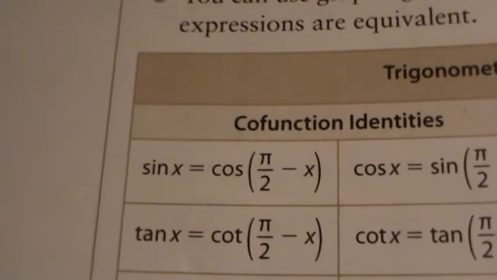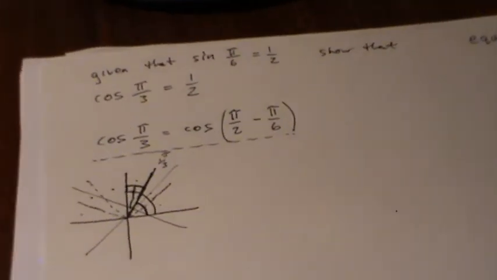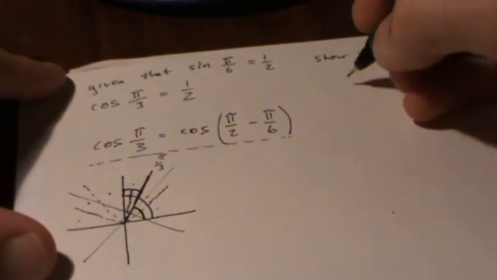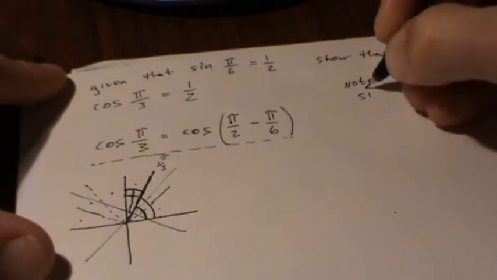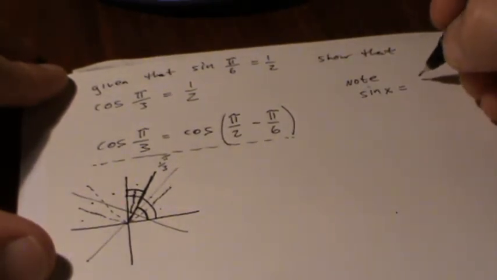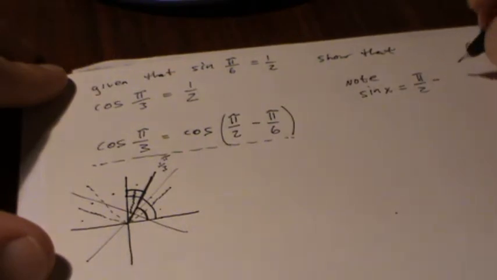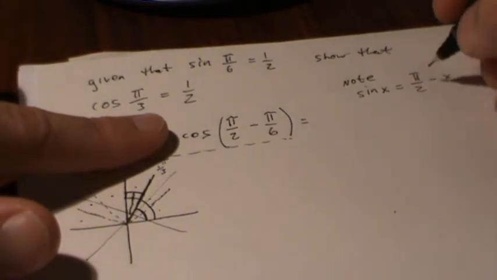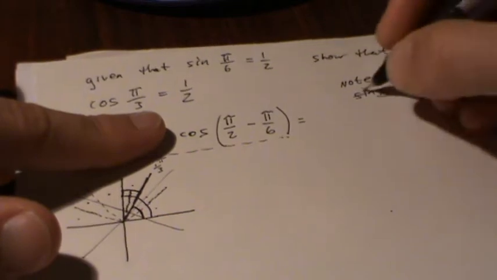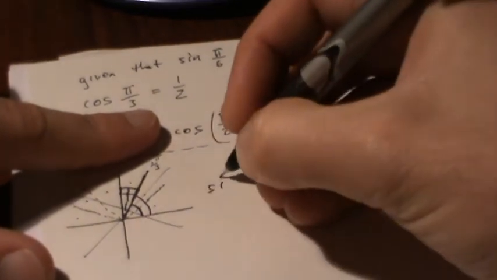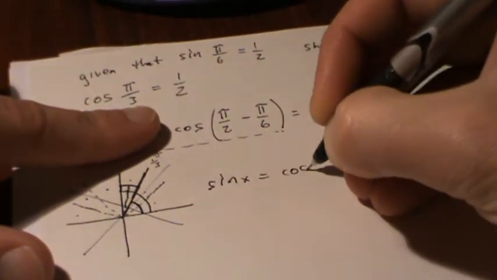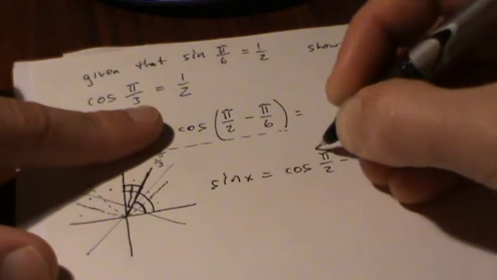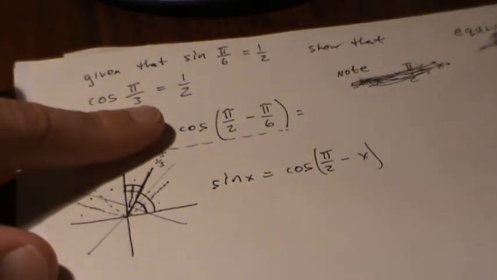Let me write that down. The sine of an angle is equal to the cosine of pi over 2 minus that angle. That I just got out of the book.